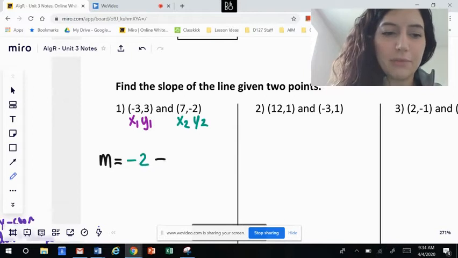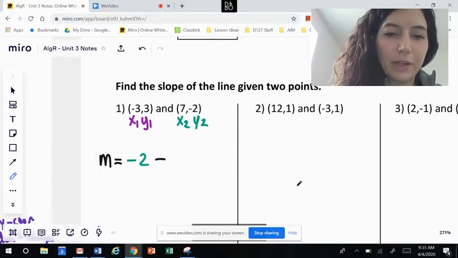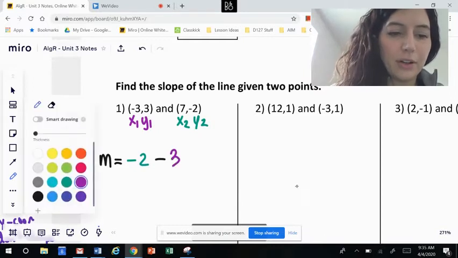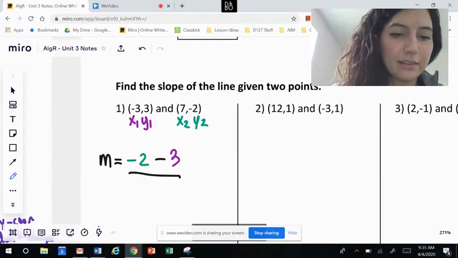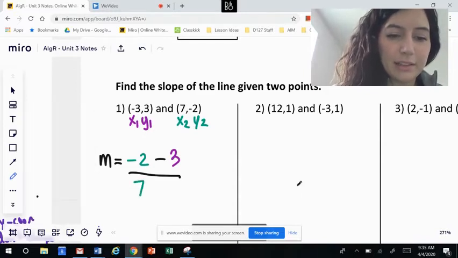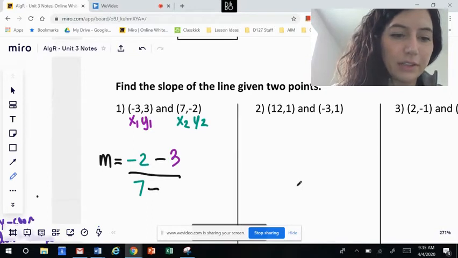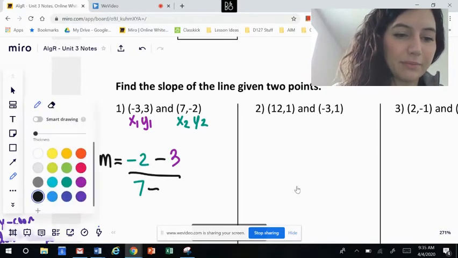It's always a minus in between before you fill in that next value. Y1 is 3. So then that's going to be all over x2. x2 is 7. Then immediately put your minus. Then x1, which is -3.